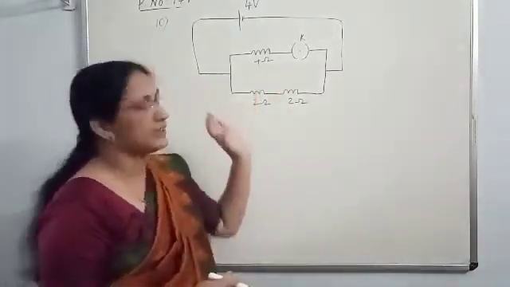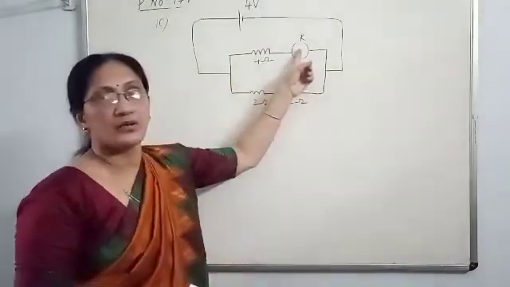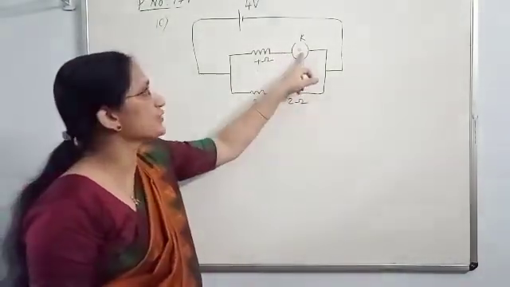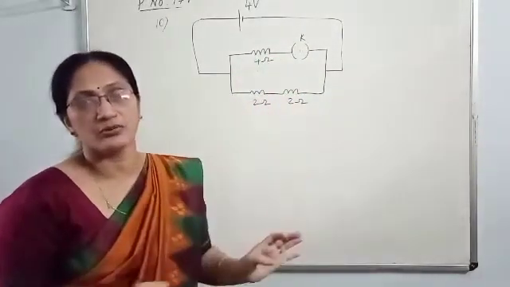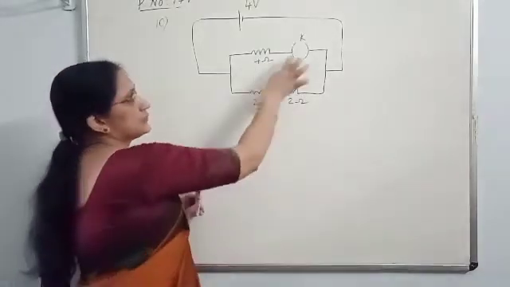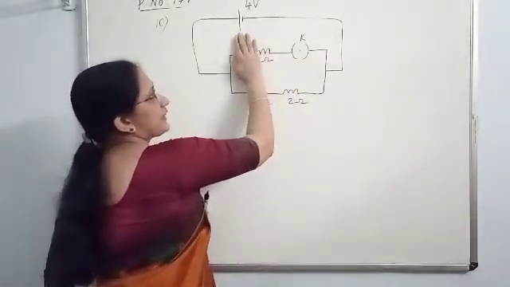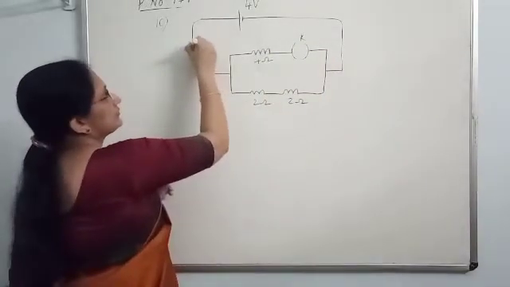So you have to find out the current when the key is opened. Open key means this switch is off, which means current will not flow in an open circuit. So when the key is open, current will not flow in this branch. This is the direction of the current. Look at the diagram.